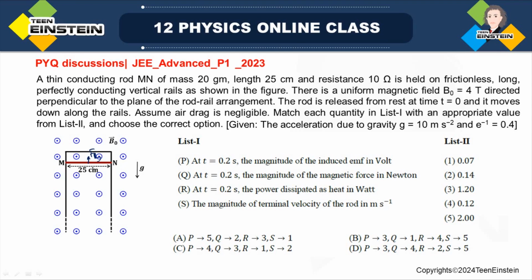So there will be two forces. One is the force due to gravity, which will be mg downward, and there will be a magnetic force in the upward direction, since there will be current flowing in this loop.